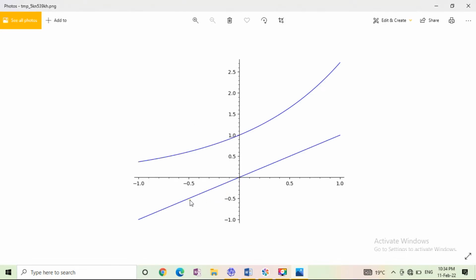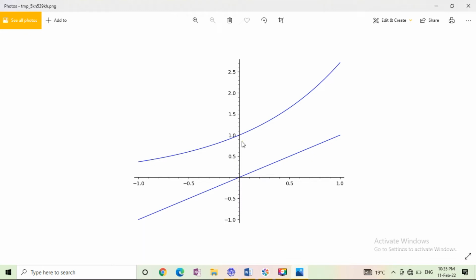The graph of the line y is equal to x passes through the origin, and the graph of e to the power x passes through 1 on the y-axis, because at x is equal to 0, e to the power 0 is 1. These two graphs never intersect each other.